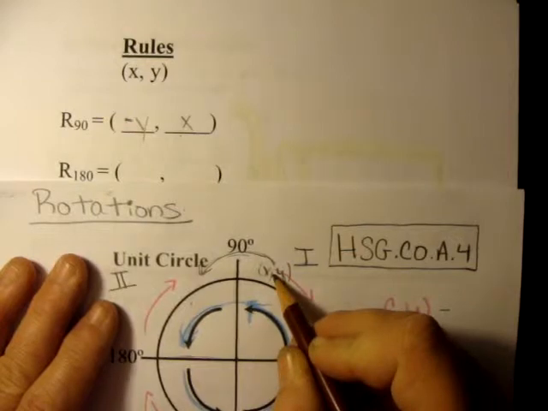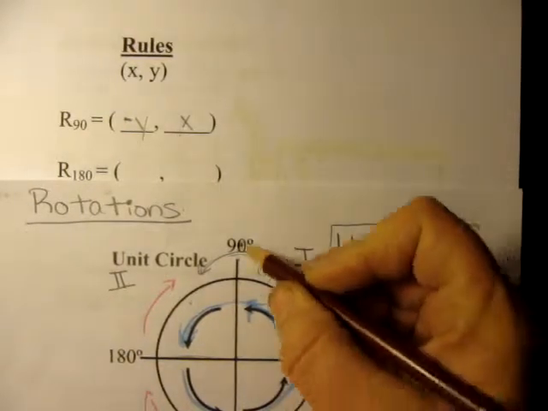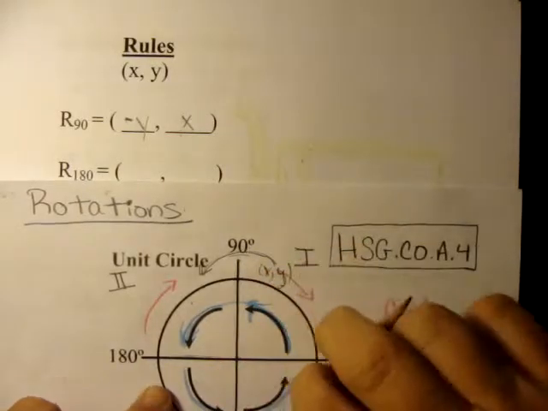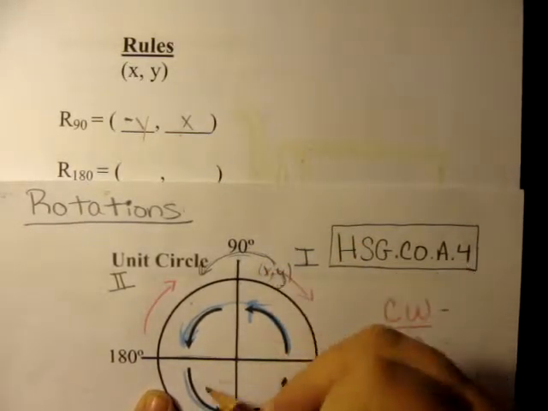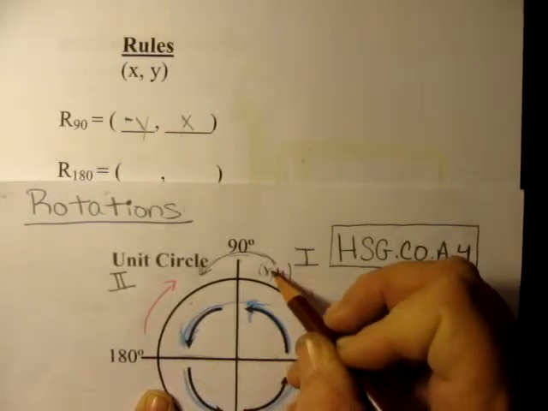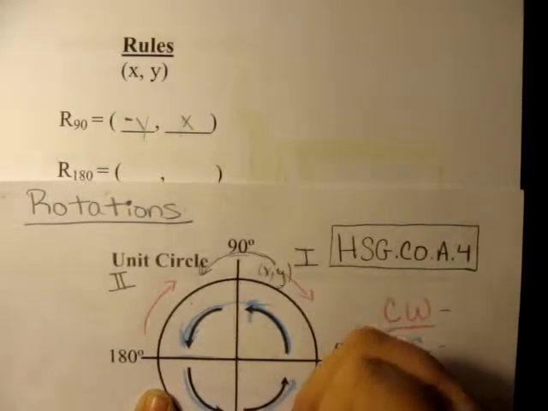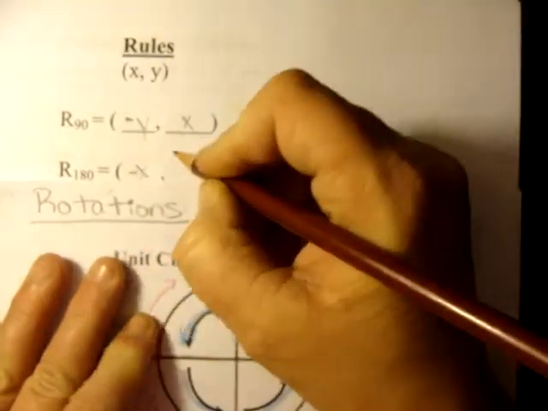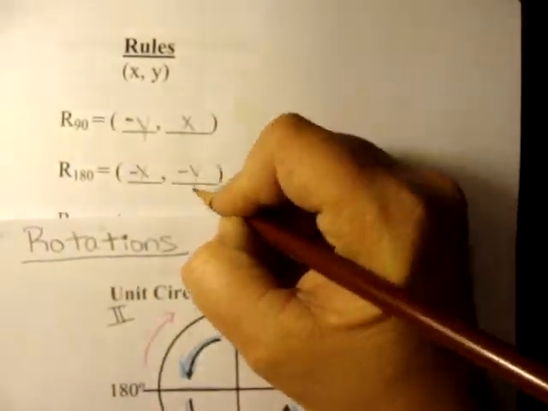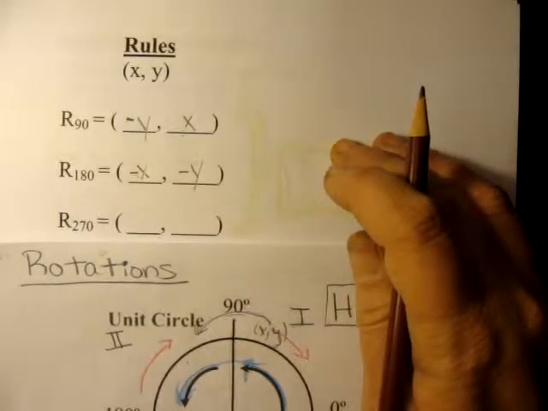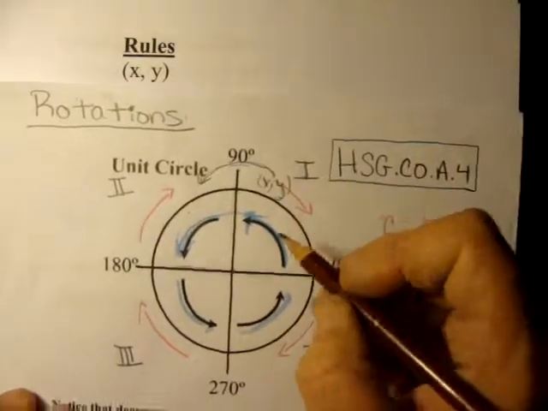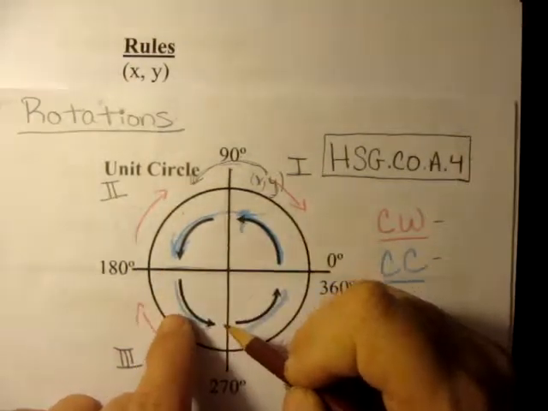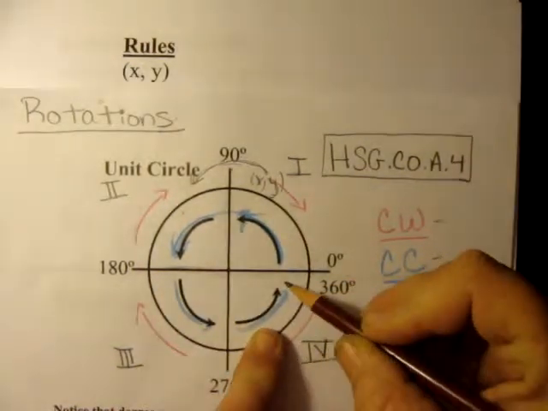If we're here and we rotate 180 degrees, which would be a straight line, then we would be in this quadrant, which means our X value would be opposite of what it was, as our Y value would be opposite of what it was. So this rule is the opposite of X and the opposite of Y. If we were going 270 degrees, we would end up in this quadrant.